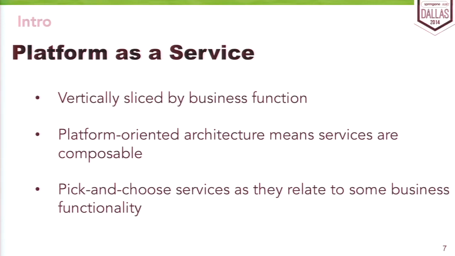And this brings us to what we're actually building when we talk about building distributed systems and platform architecture. We're actually creating a platform as a service offering, where the whole thing is comprised of vertically sliced business functions, and that means that we can draw meaningful boundaries at the service layer. This gives services purpose in the context of the business, right?